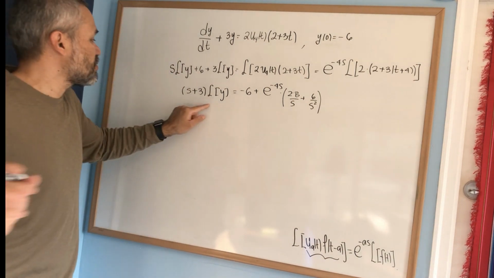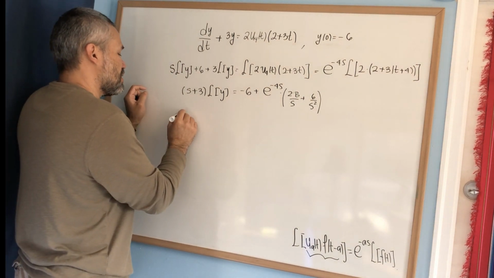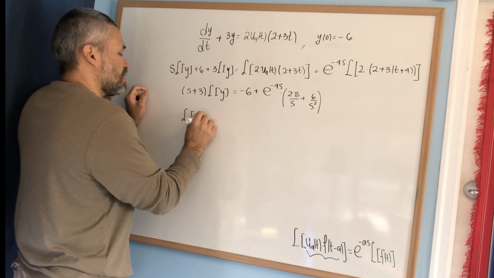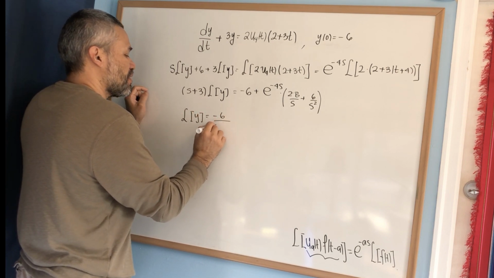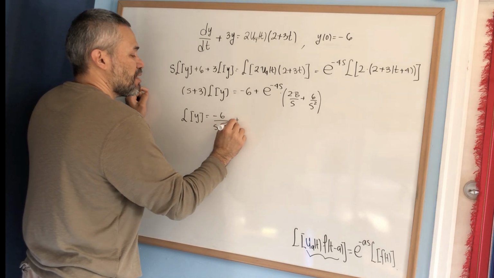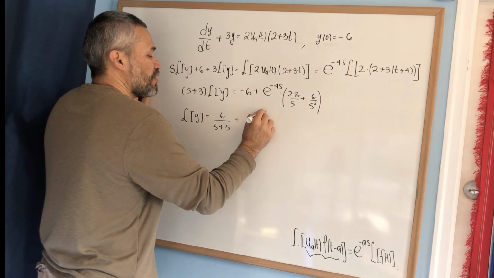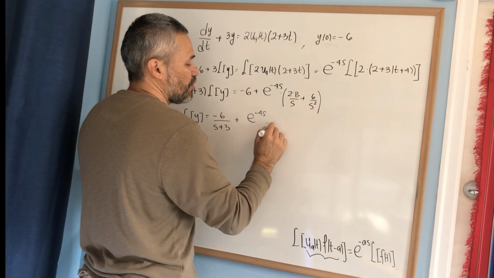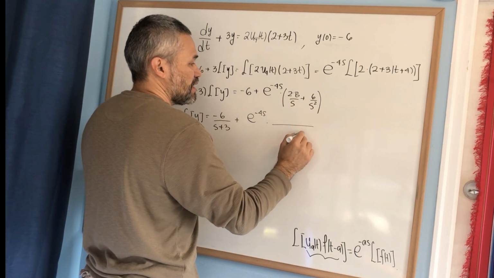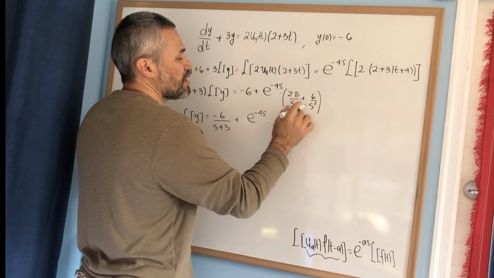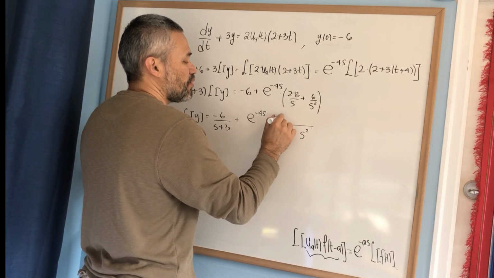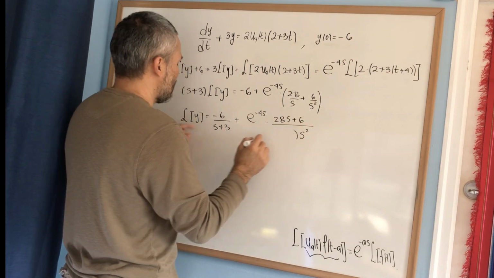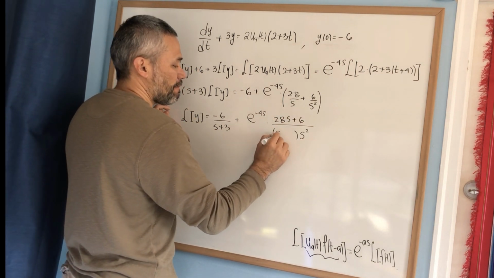Now, we solve for the Laplace transform of y. Then we have that the Laplace transform of y is -6 over s plus 3 plus e to the negative 4s. And here, this is just a common denominator, s squared, and here we have 28s plus 6. And we are dividing by s plus 3.